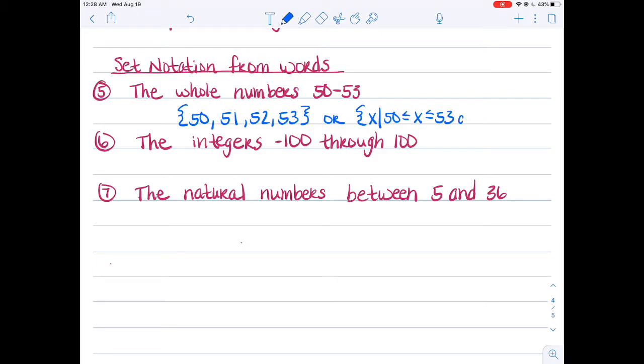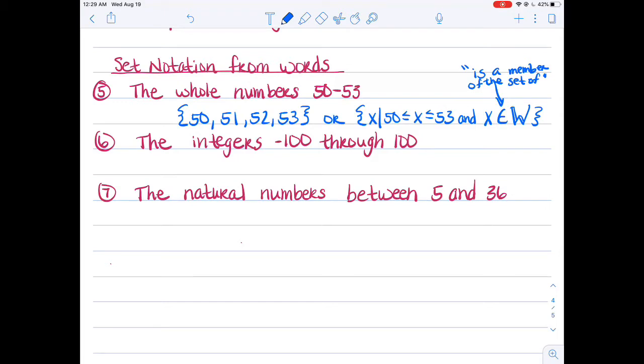So we're going to say and x is a member of the set of, this little funny looking E means is a member of the set of. And what is it a member of the set of? It's a member of the set of whole numbers. So we're going to draw that fancy W with kind of the extra wide pieces on it, and then close off our brackets. So notice how much more I had to write just now than just writing those few numbers.